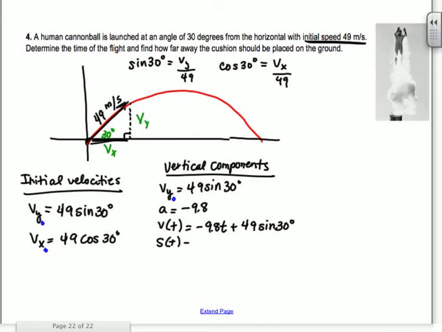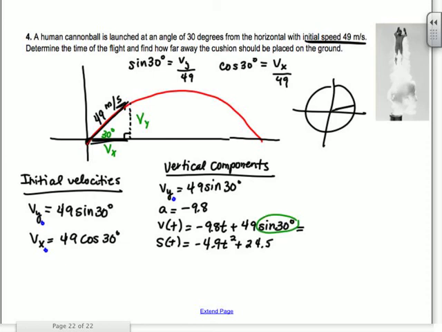S of t would then be negative 4.9 t squared plus, well, let's find what 49 sine of 30 is. Remember, sine of 30 degrees is 1/2, so it's 49 times 1/2, which is 24.5.